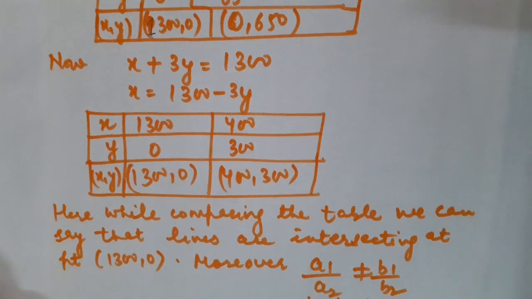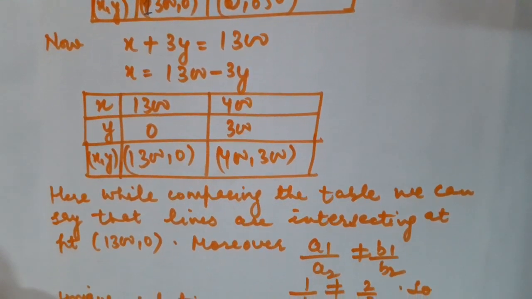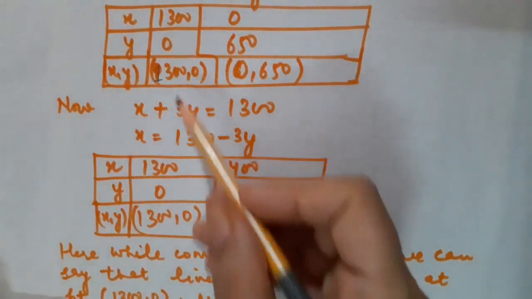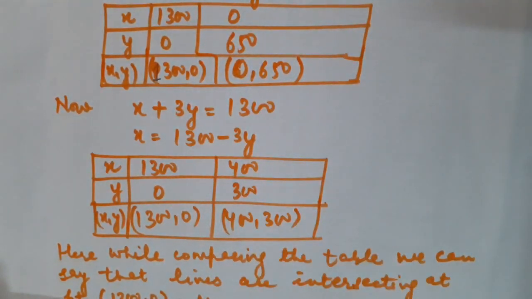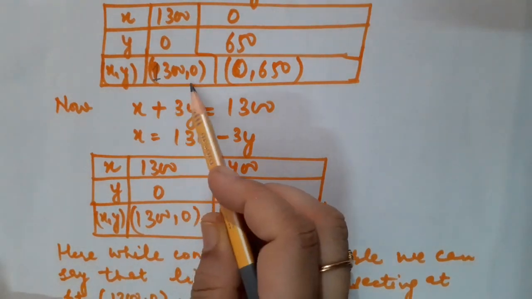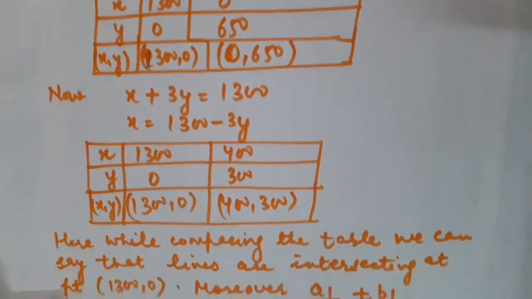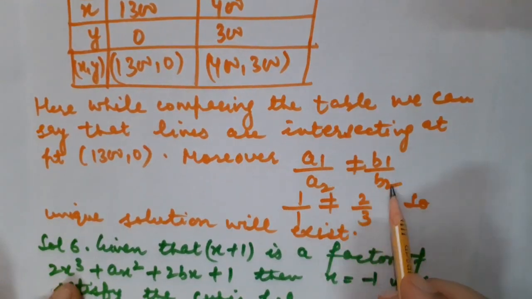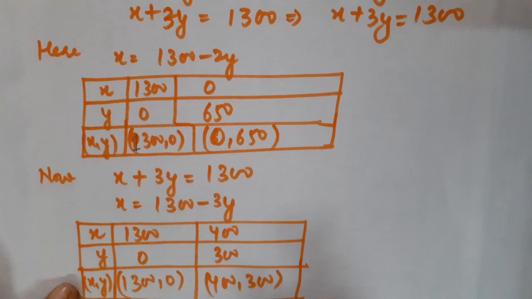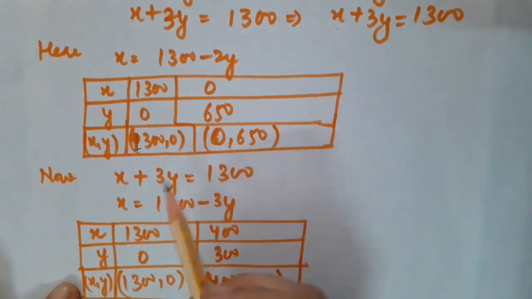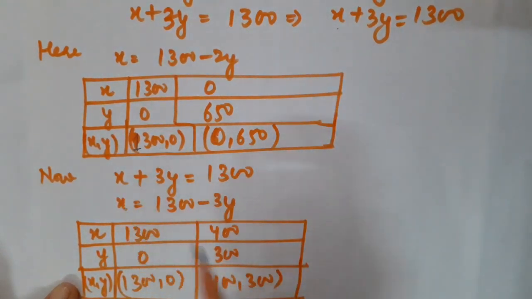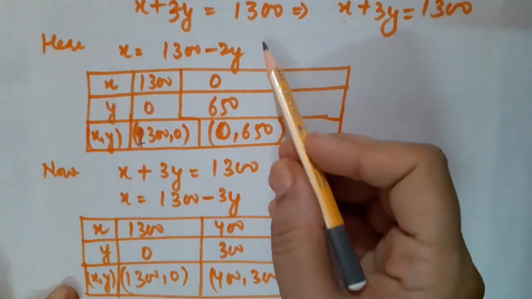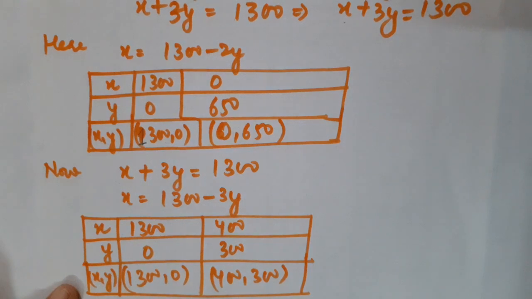Children, you can draw the graph also. You can represent this situation graphically. Otherwise, just have a look. On the basis of these coordinates, I can easily judge that 1300, 0 will be the point of intersection of both the lines. Moreover, A1 upon A2 is not equal to B1 upon B2. Here you can see that 1 upon 1 is not equal to 2 upon 3.